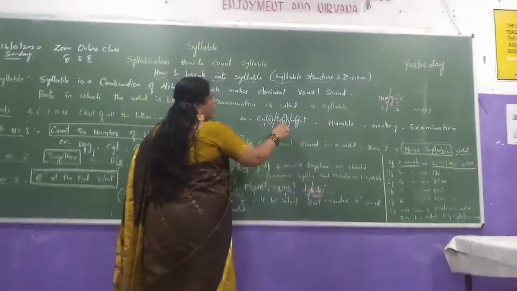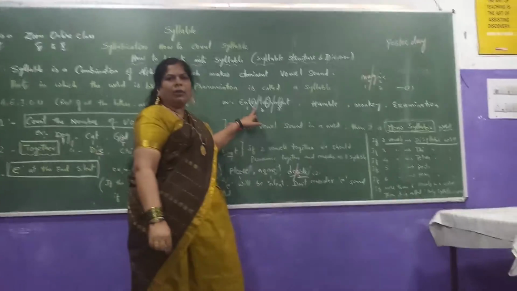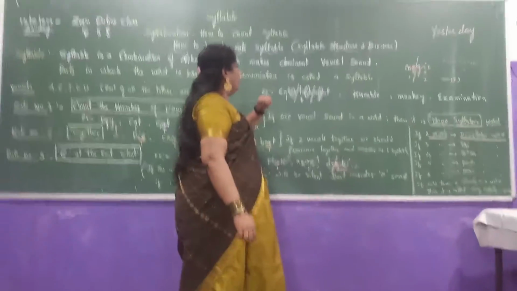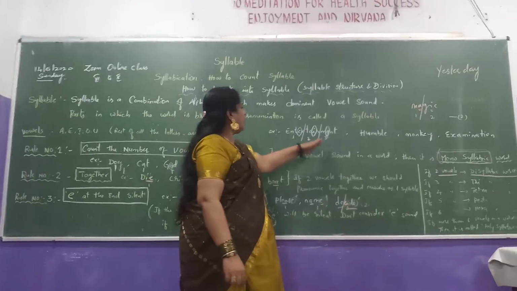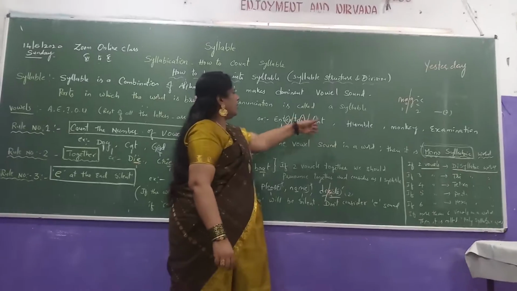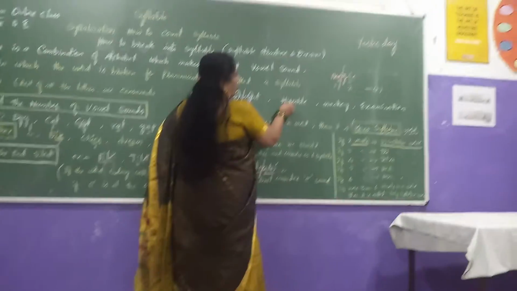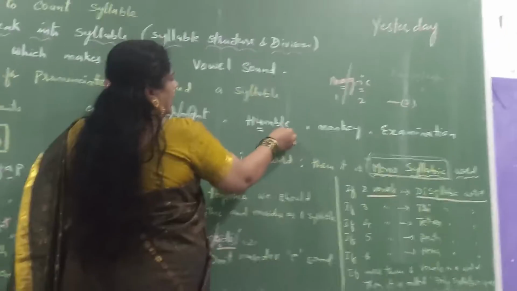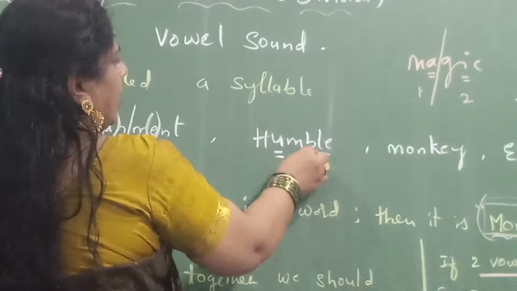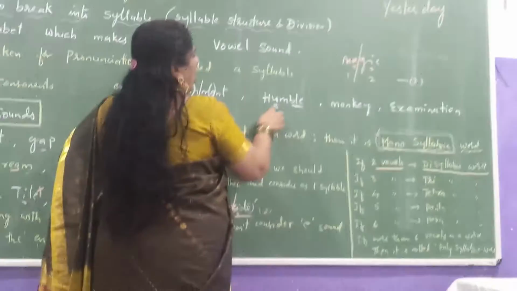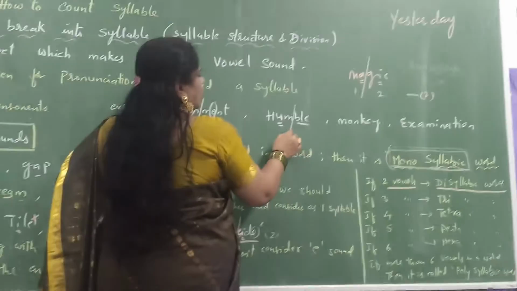Wherever the vowel is there, we break into parts. That is what we call a syllable. Humble: here 1 vowel, and able together. So humble has 2 syllables.